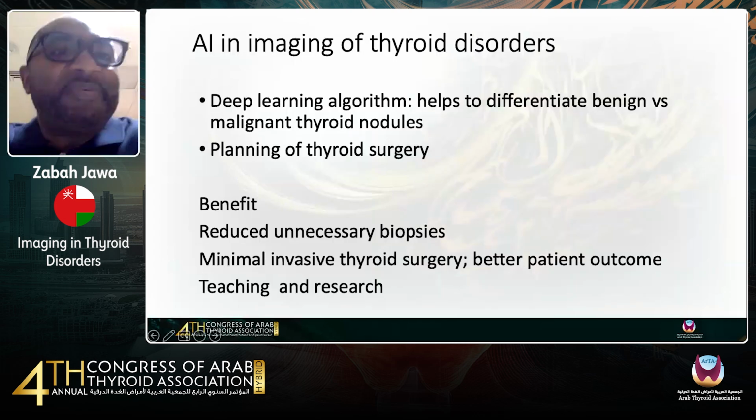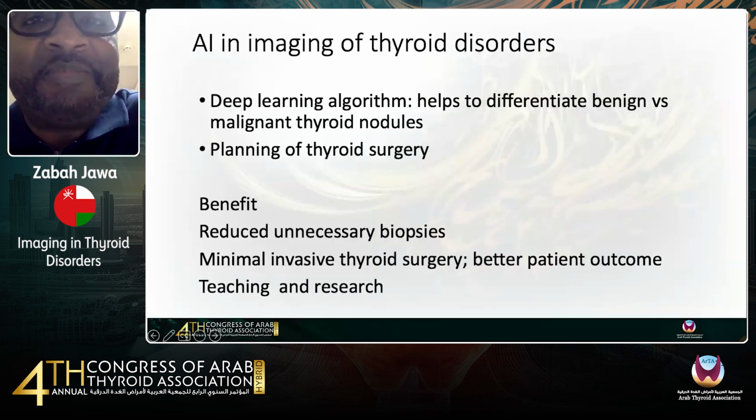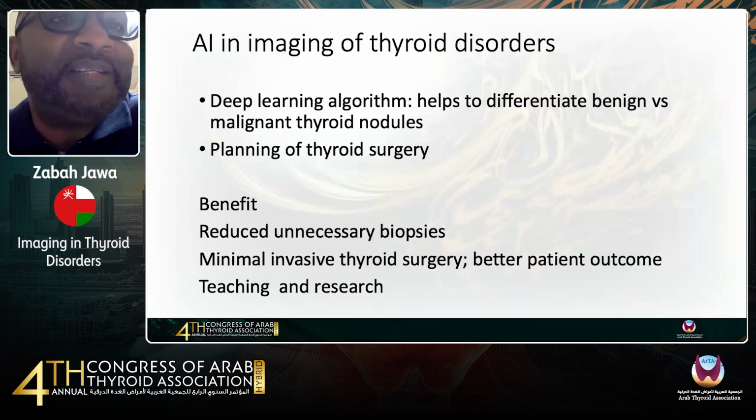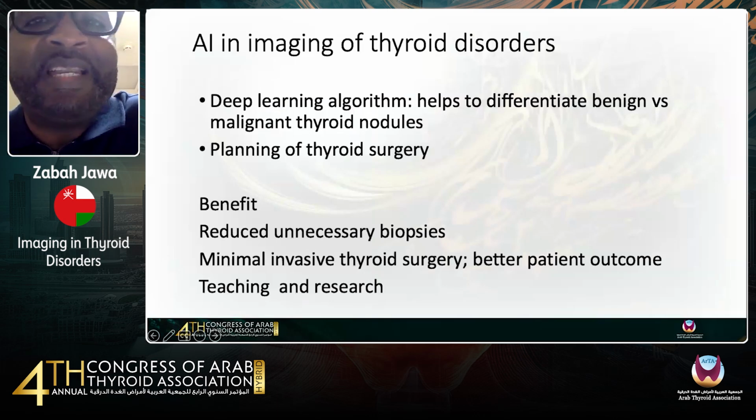So imaging, as far as we're concerned, like I said earlier on, depends largely on the clinical indication of your patient. But again, there are so many things that are evolving these days, and I will not conclude my talk without telling you what is happening currently in imaging of the thyroid, particularly the use of AI in imaging the thyroid. There is a deep learning algorithm. This helps to differentiate between benign and malignant thyroid nodules.